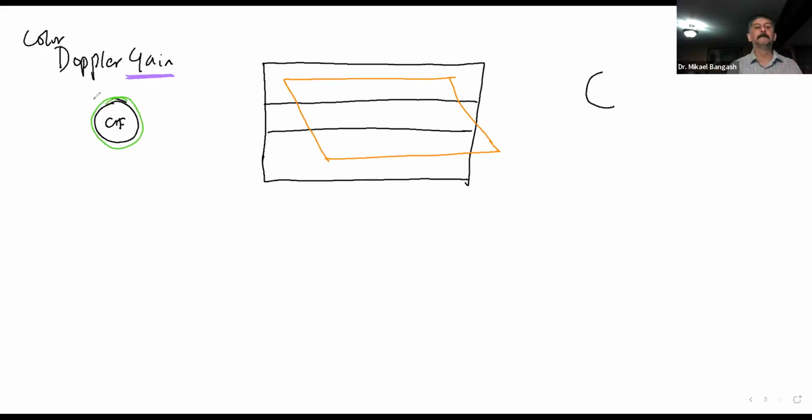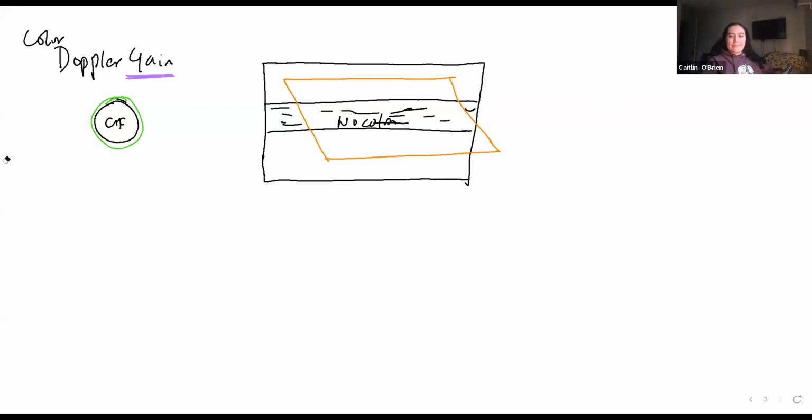We have optimized the angle, but you still don't see any color within the blood vessel. Did that make sense? Good.